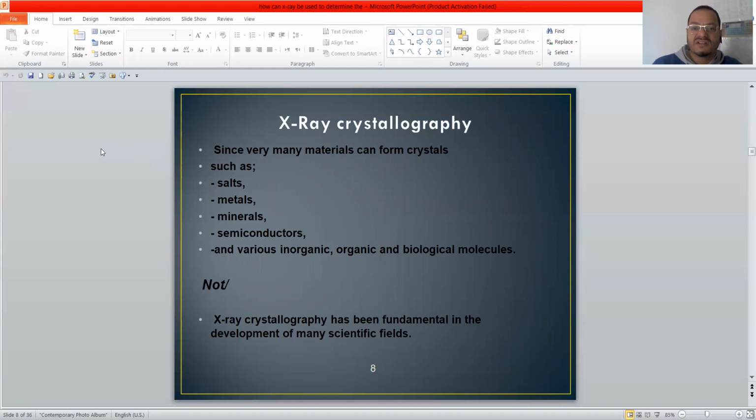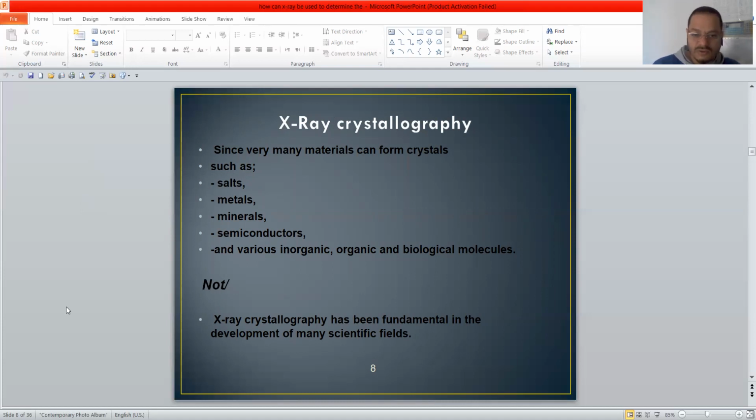Since very many materials come from crystals, many materials, when collected with others, can form crystals such as salts, metals, minerals, semiconductors, and various inorganic or organic and biological molecules.